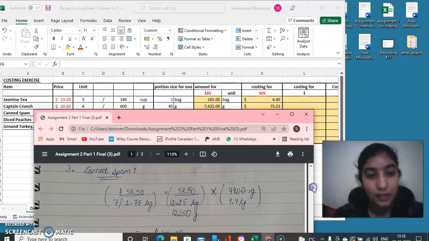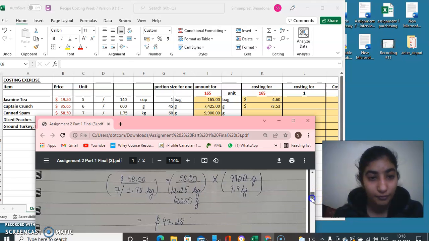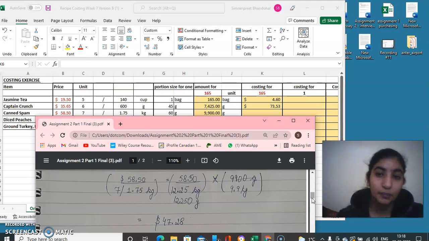The third is canned spam. Here for the canned spam, we have 58.50 divided by total units and what each unit contains, that's 12.25 kilograms.